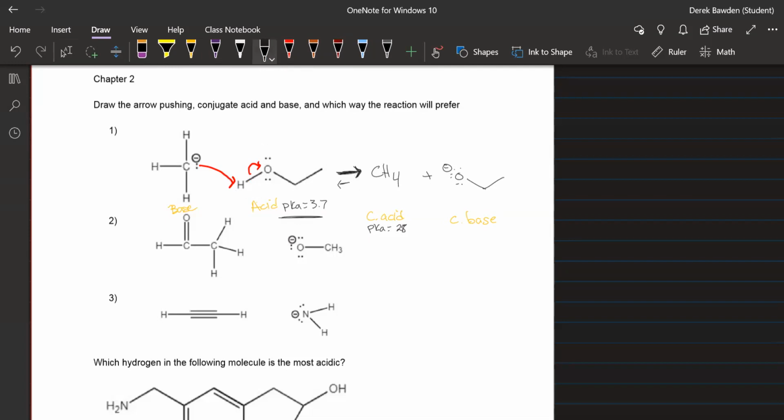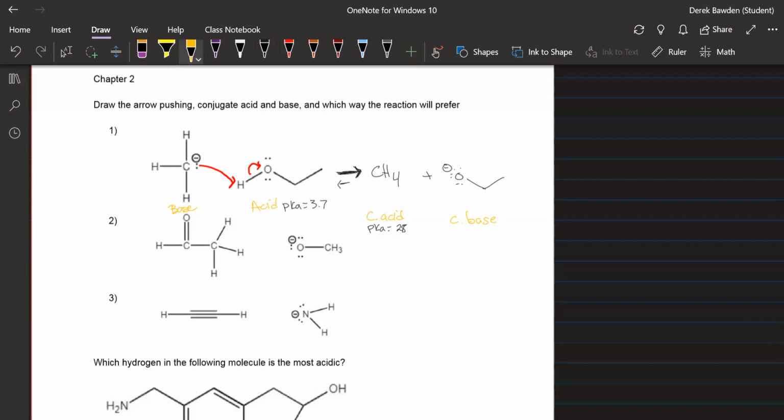The pKa, because it's lower, means that our products will be preferred, because this is a stronger acid. So always your preferred direction is going to go away from the stronger acid, and the lower the pKa is, the stronger the acid. I hope that makes sense. We okay? Okay.